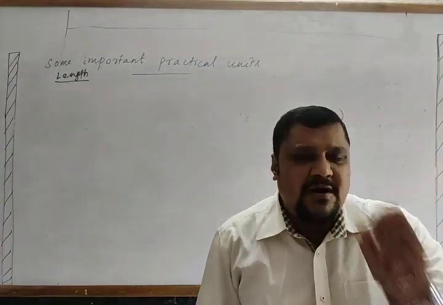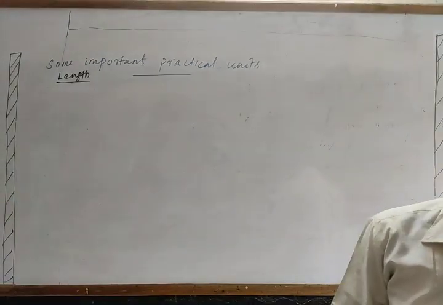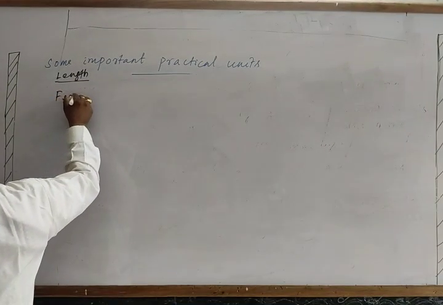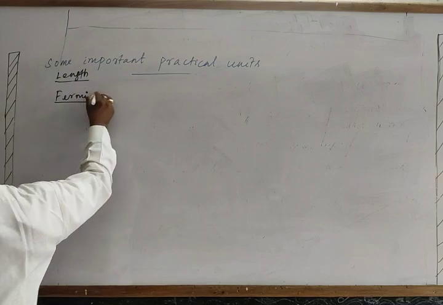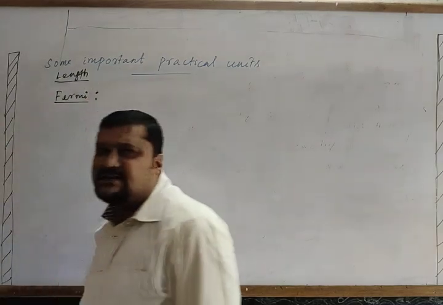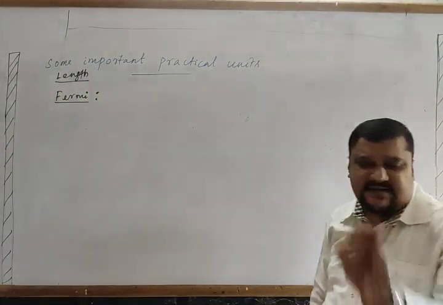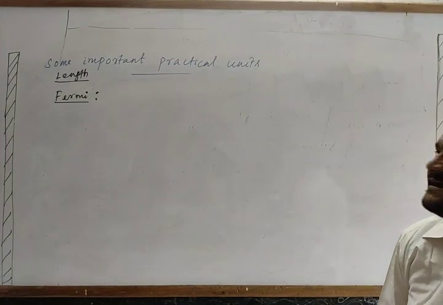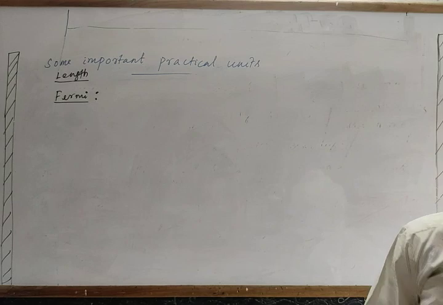Then we use small distances. One of the small distances to measure length is the Fermi. We are measuring micro distances, small distances. It is the smallest practical unit of distance.